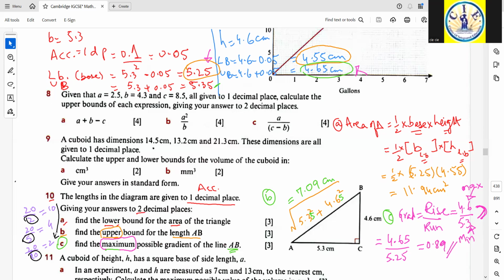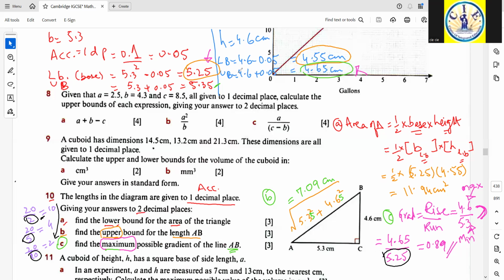So to have the minimum answer, the denominator should be larger, and to have a maximum answer, the denominator should be smaller. So that's what suggests having the lower bound of the base in the denominator.